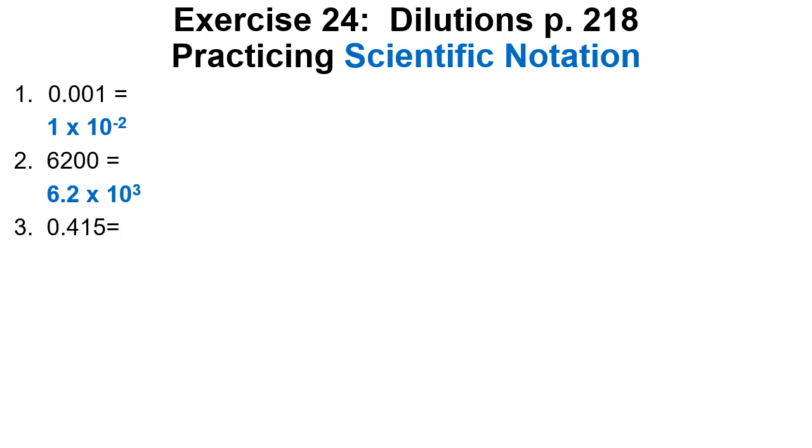Question 3, 0.415. Write your answer. 4.15 times 10 to the negative 1. It's a negative 1 because it is a decimal or fraction.